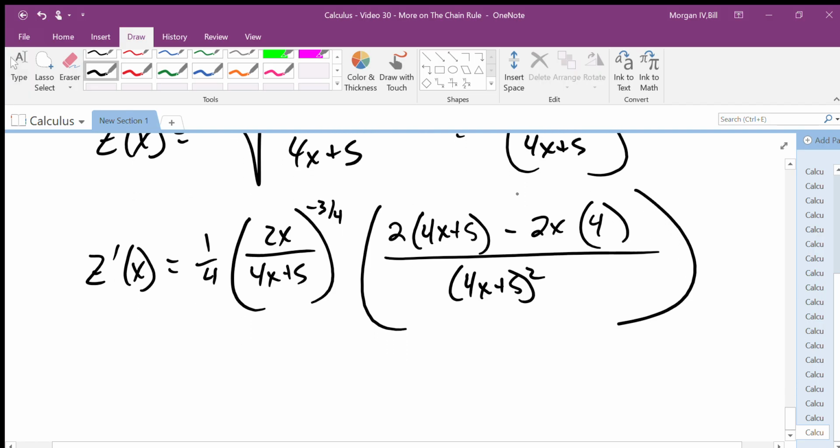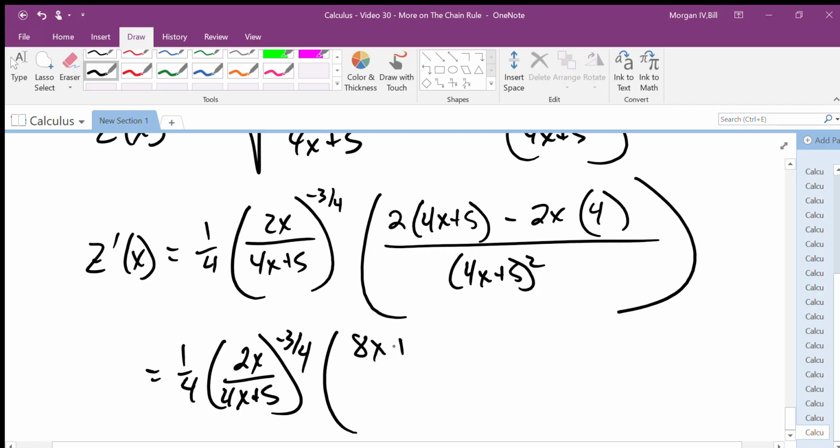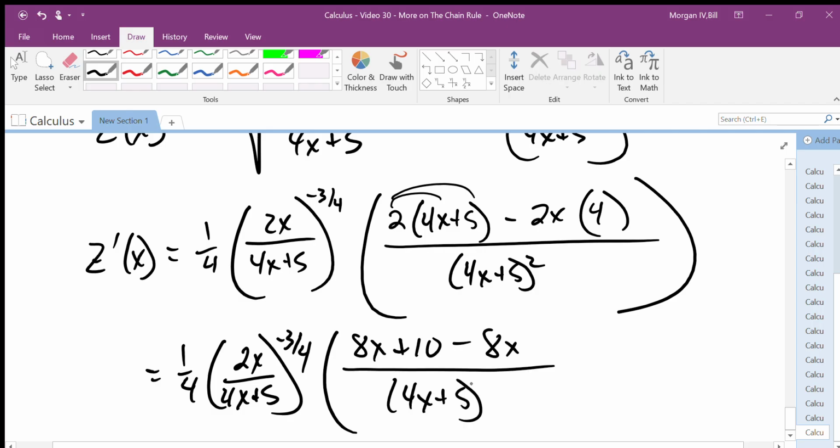Let's first simplify the numerator of that fraction there, the g prime. That's 1/4, (2x over 4x plus 5) to the negative 3/4, times 8x plus 10, distributing the 2 to both of those, minus 8x over (4x plus 5) squared.